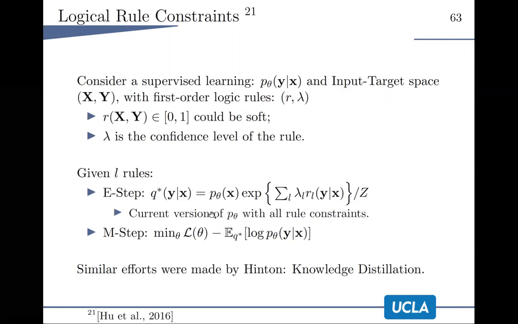Similarly, we have the E step result of lambda R, which is the weighted importance of those rules, taking all the rules into consideration.